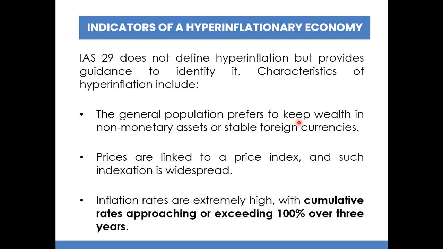For example, if in 2020 the inflation rate is 35%, in 2021 the inflation rate is 36%, and in 2022 the inflation rate is 40%, then this 3-year cumulative inflation rate is more than 100%. So in 2023 we can say that this is a hyperinflationary economy, and at that time we can apply IAS 29.